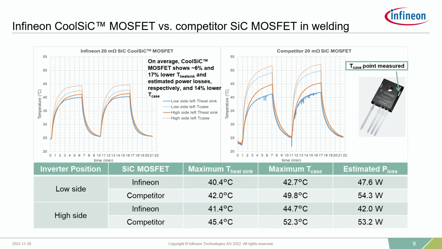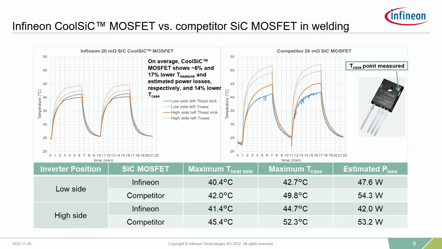Finally, it is confirmed that the requirement of 80 degrees Celsius maximum heatsink is met by the silicon carbide MOSFET discrete solution, even if the maximum ambient temperature of 40 degrees C is considered. So we can say that with our CoolSiC MOSFET, we can show almost 6% difference on the low side and 17% on the heatsink.